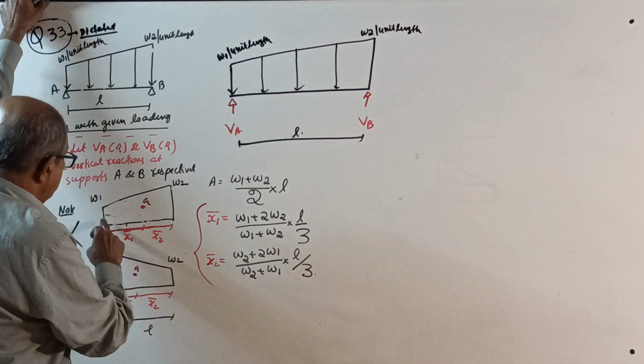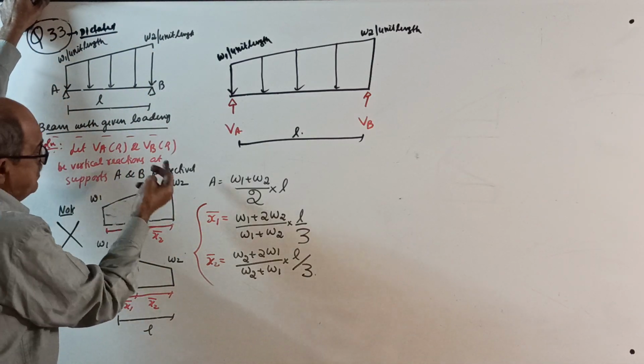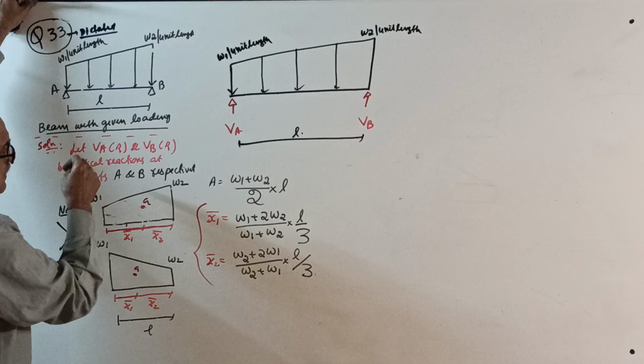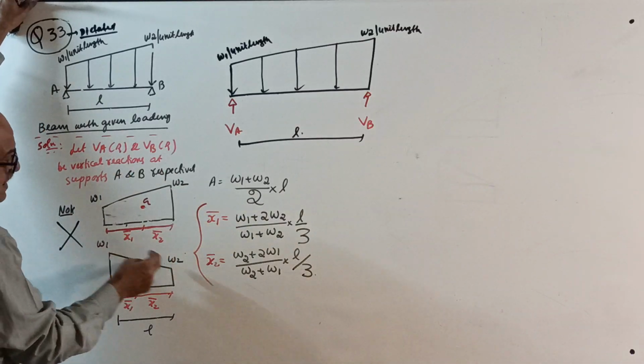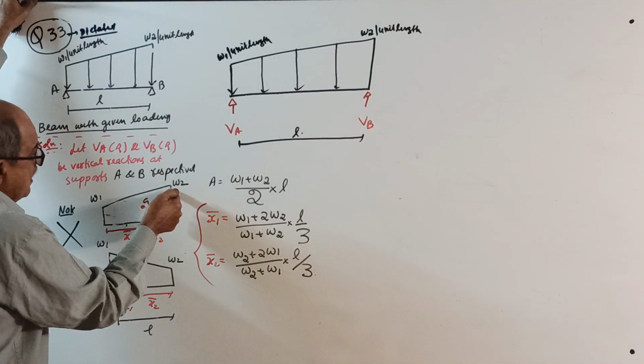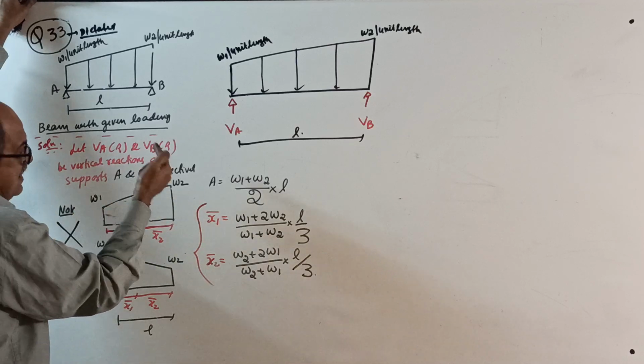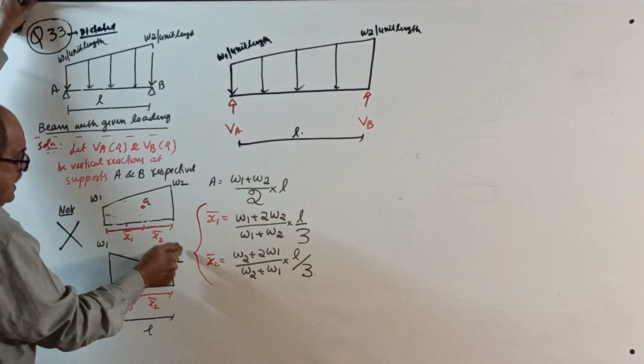So from here, W1 plus twice of W2 divided by W1 plus W2, into L by 3. If you want from this side, W2 plus twice of W1 divided by W2 plus W1, into L by 3.